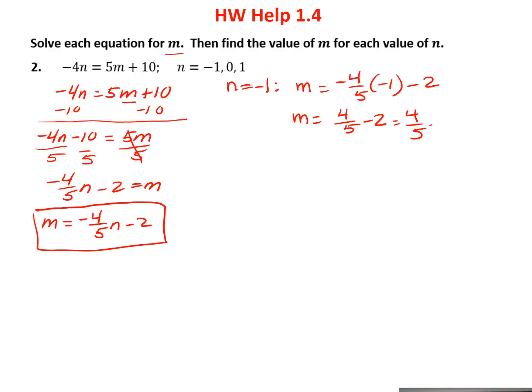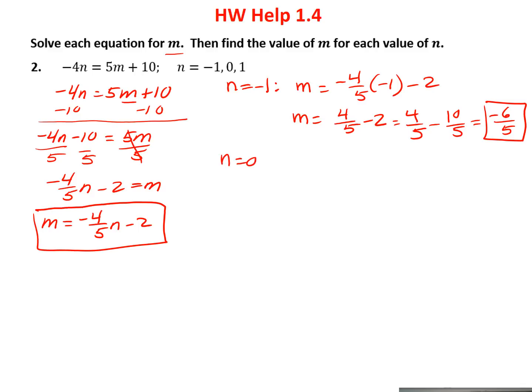So I can say 4/5 minus 10/5. I'm just changing that into the same denominator. And so 4/5 minus 10/5 is negative 6/5. So when n is minus 1, then m is minus 6/5. Kind of messy, but not too terrible.